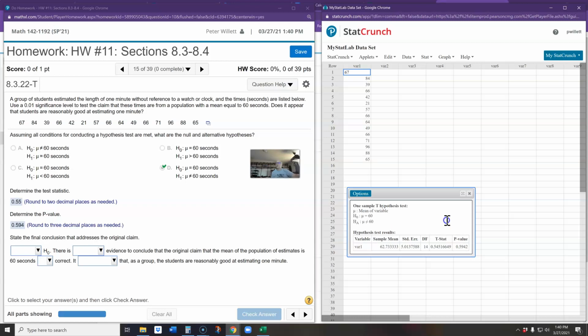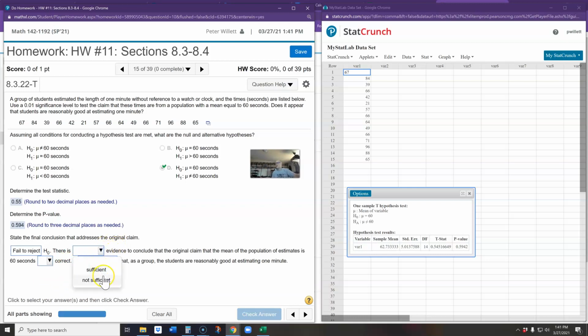In order to reject the null hypothesis that the mean value is 60, we would need to have a probability of getting the results we did that was below 1%, and ours was almost 60%. So we're going to fail to reject the null. So our choice here is to fail to reject the null. And when you fail to reject, that means you didn't have enough evidence to reject it.